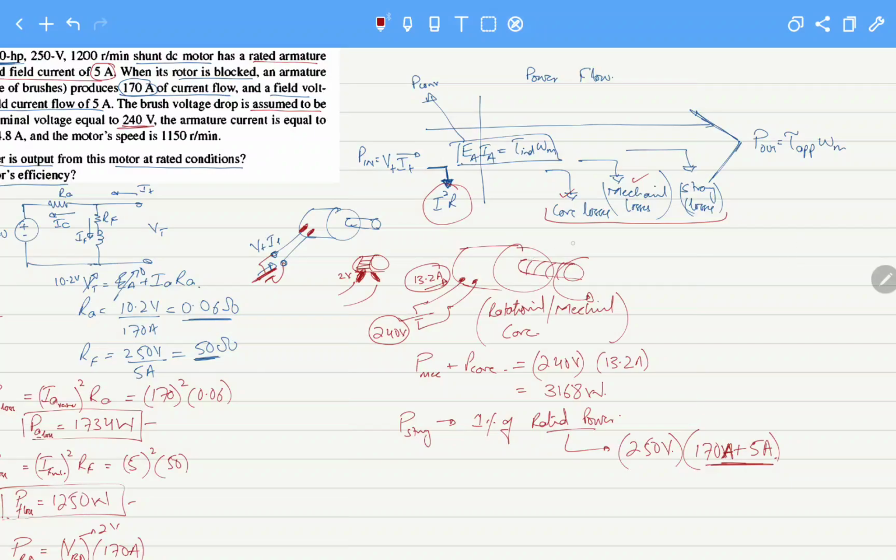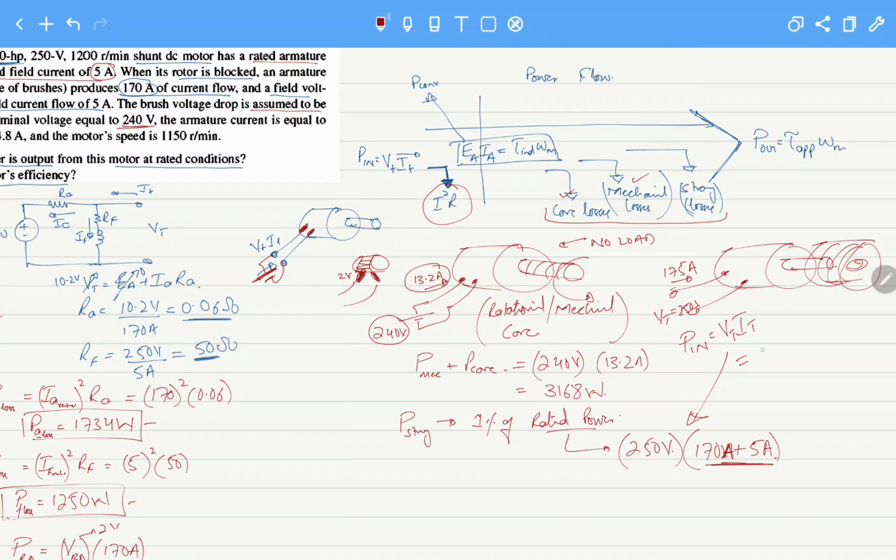So the rated power that the machine is taking is the input power of the machine. For example, this was at no load, and if I draw the motor at full load, here is the motor driving a heavy load, connected to the terminals of a battery. Here Vt is 250 volts and the current the machine is taking is 175 amperes, 170 to the armature and 5 amperes to the field. So the input power P input to the machine is Vt times It, that is 250 times 175.